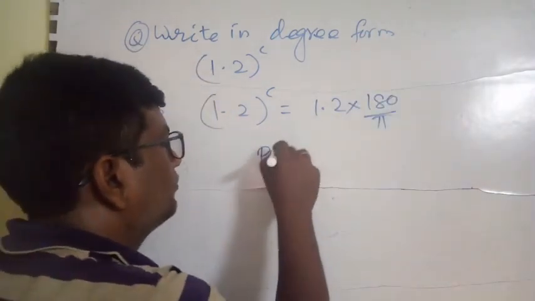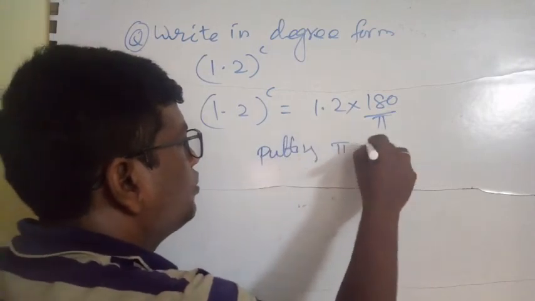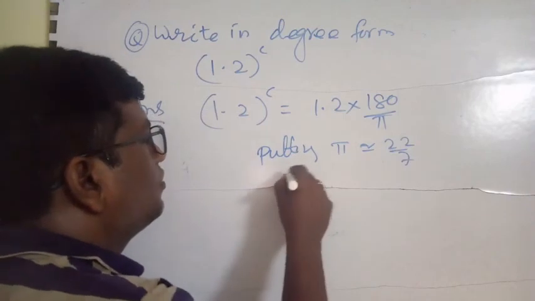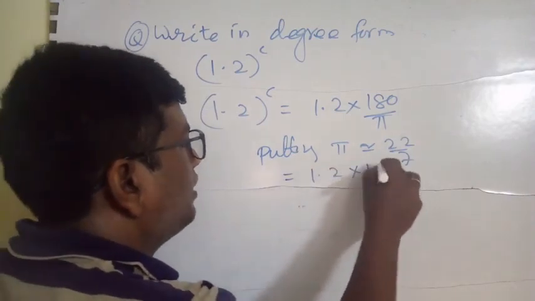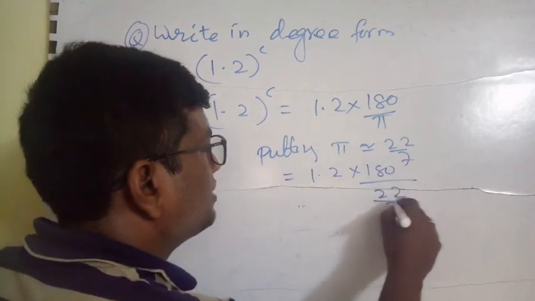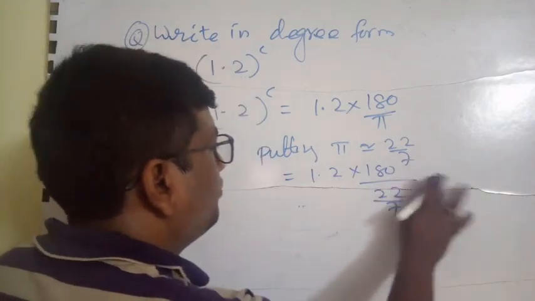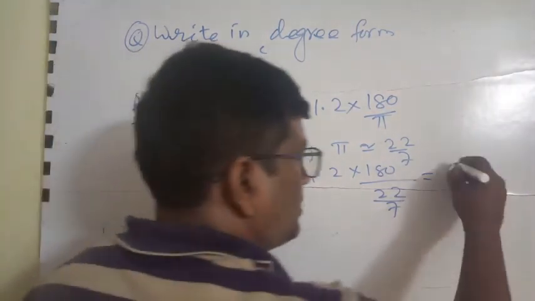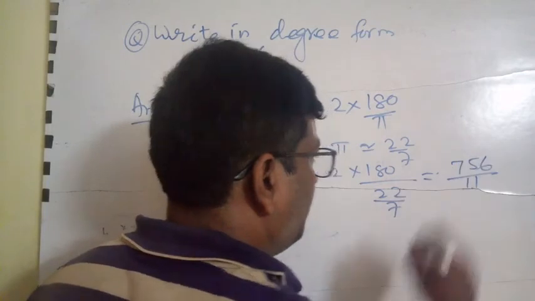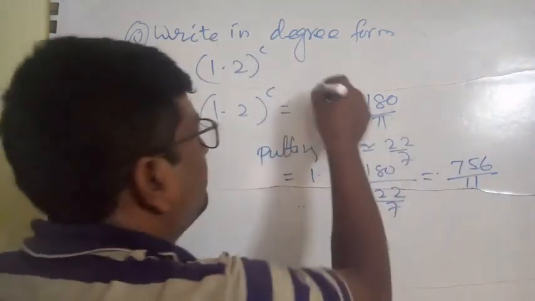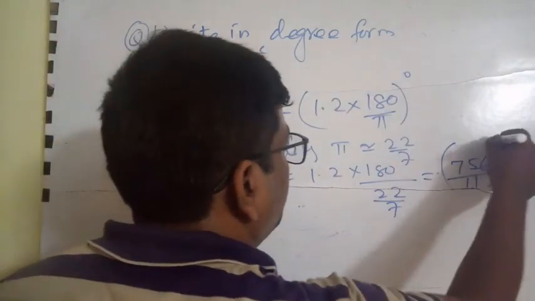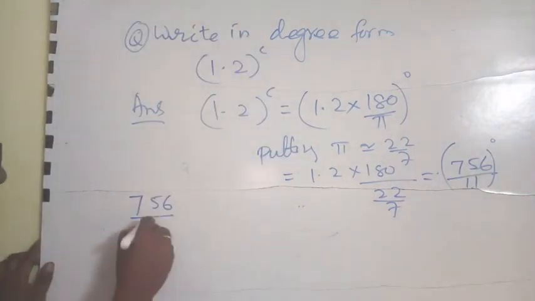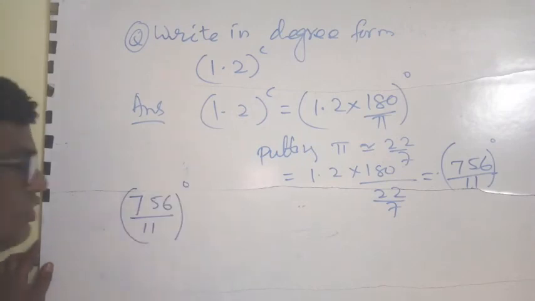Putting pi approximately equal to 22 by 7, that is equal to 1.2 into 180 by 22 by 7, which is approximately equal to 756 divided by 11 degree.